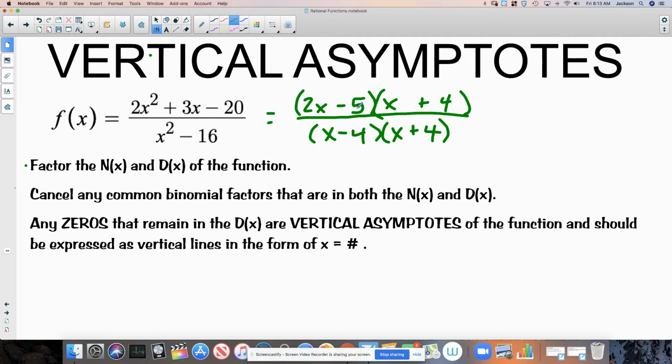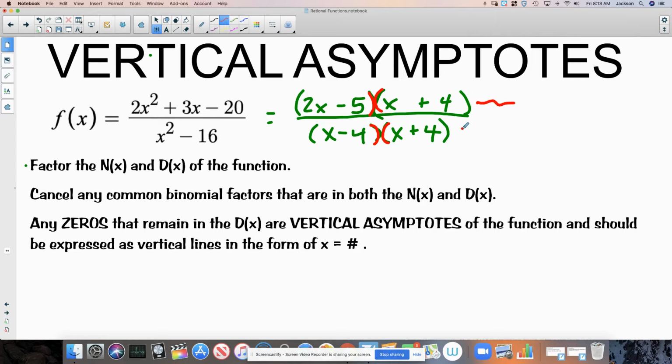Now, when you see this function factored out like so, you notice that there are common factors here, okay? And those are being multiplied, which is key here. So this is being multiplied by this, and this is being multiplied by this.